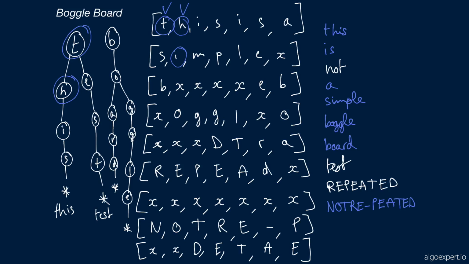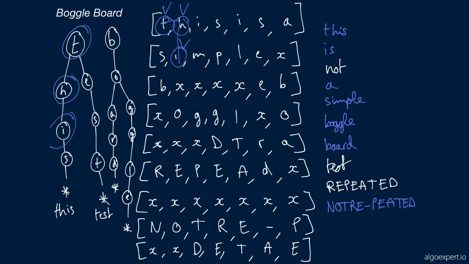So circle I. And then we dive deeper into this. So now we mark this as visited. So now we have to explore this branch.